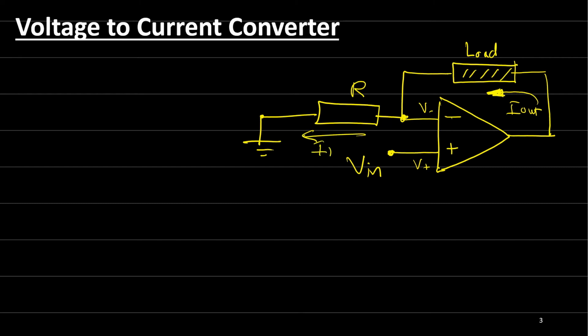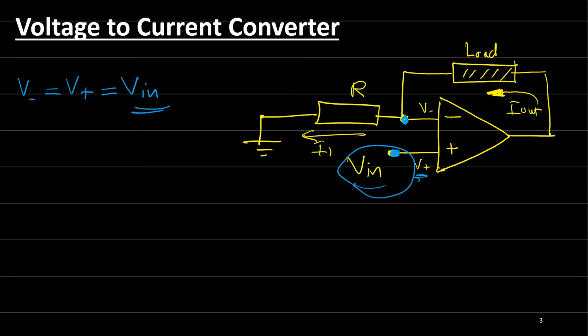Now, using the voltage rule of the operational amplifier, we said that V minus equals V plus, and all of these equal V input. Why? Because this node and this node are the same, and V plus is connected to V input.